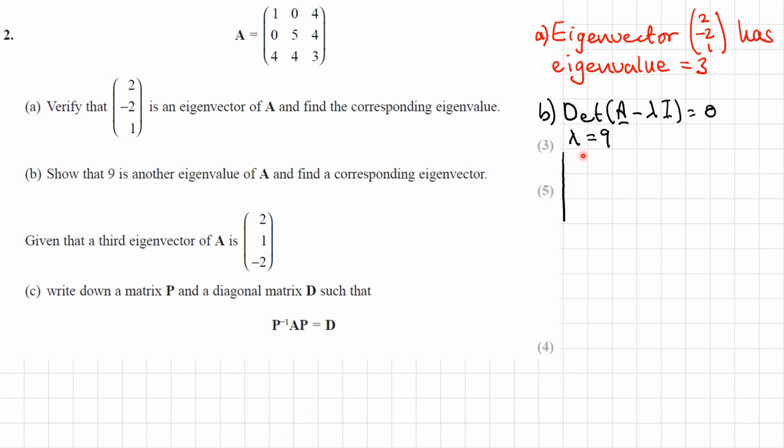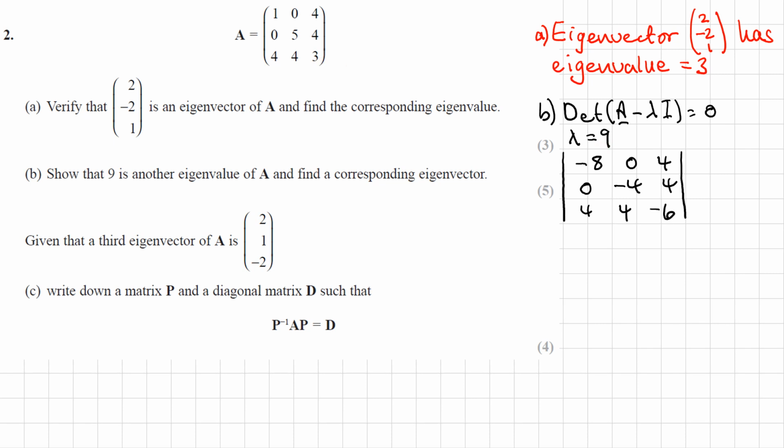You would have 1 minus lambda here, so with lambda 9, that's 1 minus 9, which gives me negative 8, 0 and 4. Then I have 0, and here 5 minus lambda, so 5 minus 9 is minus 4, and in the bottom row 3 minus lambda, so 3 minus 9 gives me minus 6.